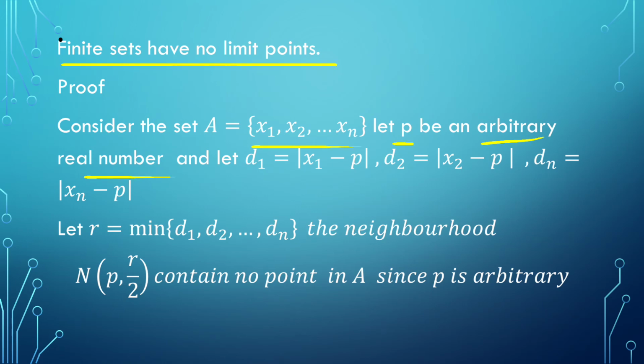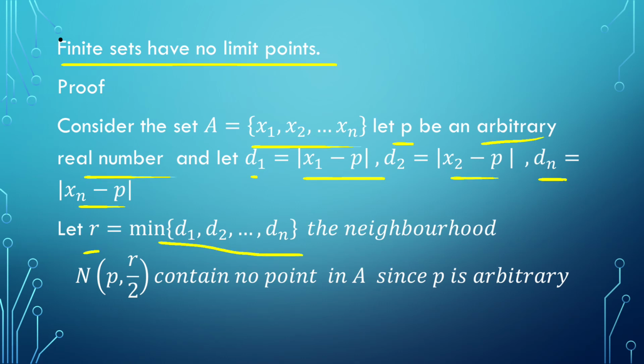Then we let D1 be those values given by that definition. Then D1 is that, D2 is that, Dn is this, and we have R, which is the minimum of the Ds.